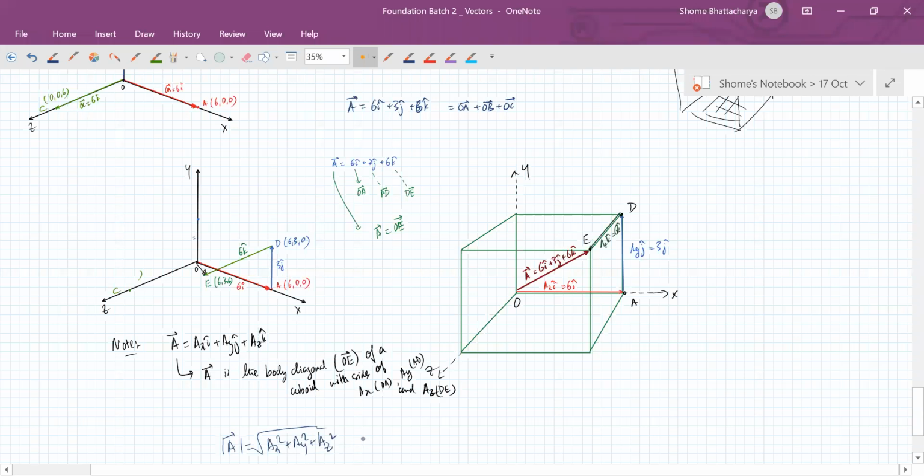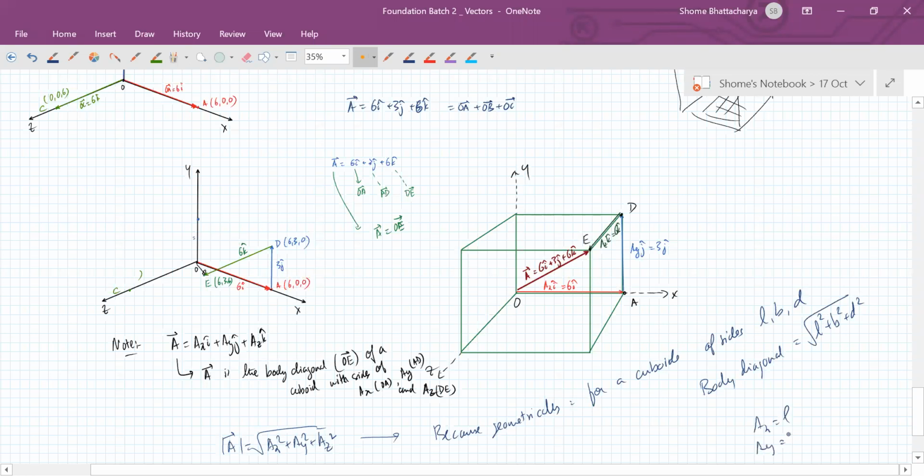This is because geometrically, for a cuboid of sides, let's say L, B, and D, the body diagonal has a length of root of L square plus B square plus D square. So here for this vector, ax is like one side, ay is the other side, and az is the third side.